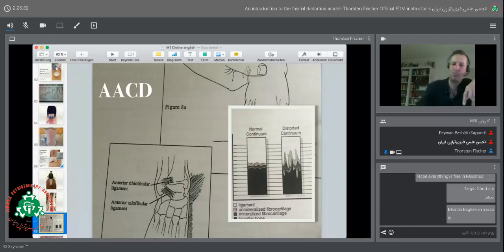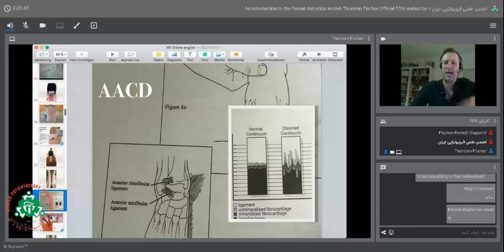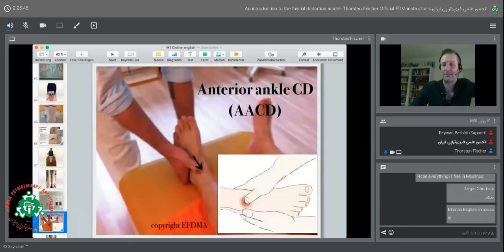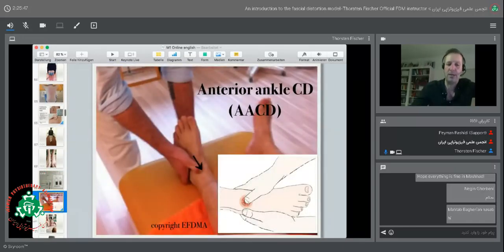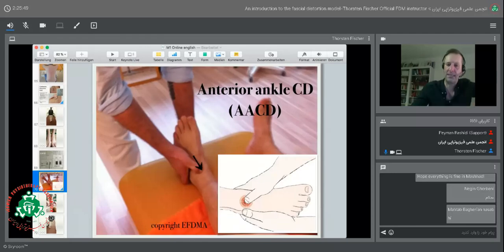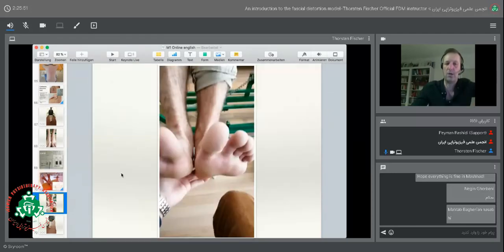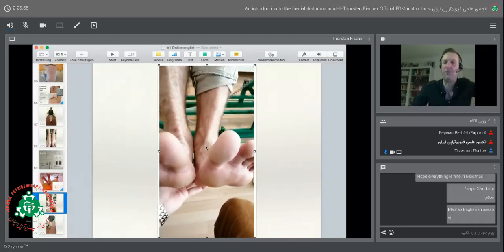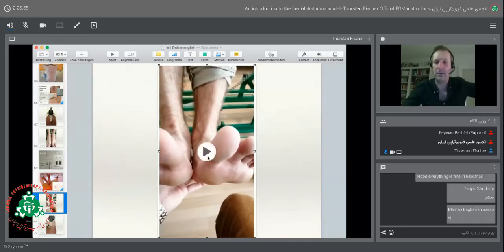I just push up in this ligament. It's very painful for the patient. I do it like 10 seconds. It looks like this. Just push up. And then after 10 seconds, do a retest. And then you see he can move already. You see the spot there. Do you see it here?